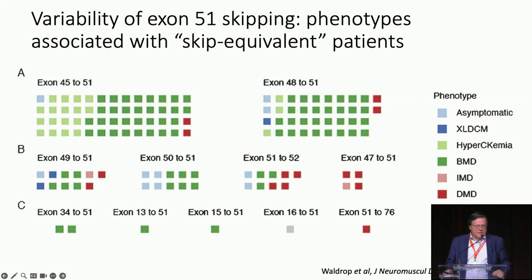It's interesting to see that for men born missing 15 to 51, 40% of them are actually asymptomatic, and some are categorized as Becker muscular dystrophy. We see some, in 45 to 51, whose only symptom, in about 40% of the people, is elevation of CK without significant weakness. It suggests to us that these can be very highly functional versions of dystrophin that could be made by efficient exon skipping.